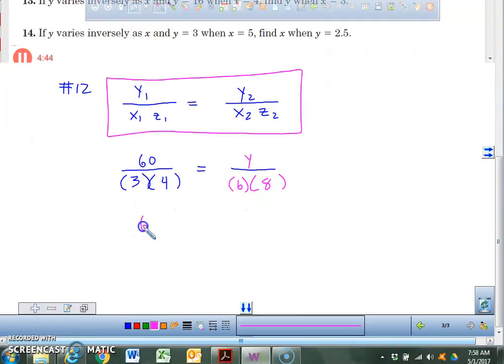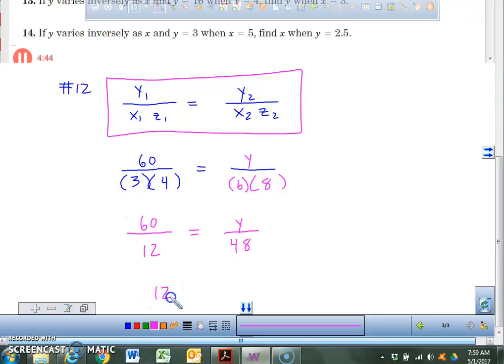All we're going to do is put 60 over 12, because 3 times 4 is 12, equals y over 48. Now we can cross multiply.